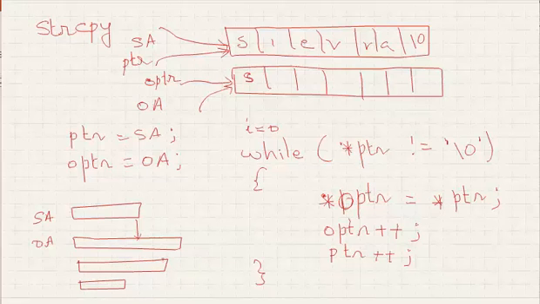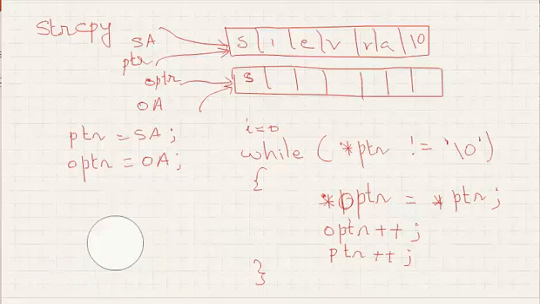You would keep continuing till here, but there is no space for you here. So you need to make sure you don't pass this. It gets complicated. So this is a simple string copy using our own methods with pointers.